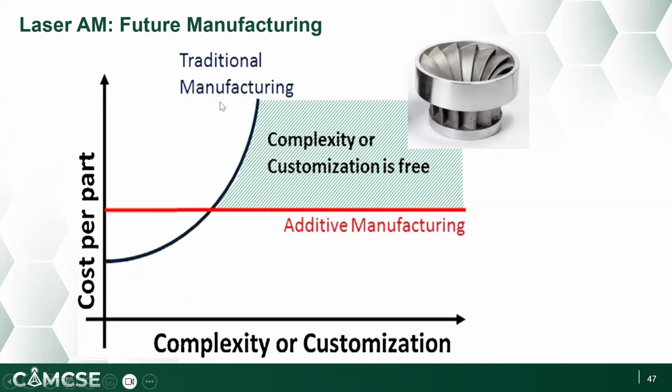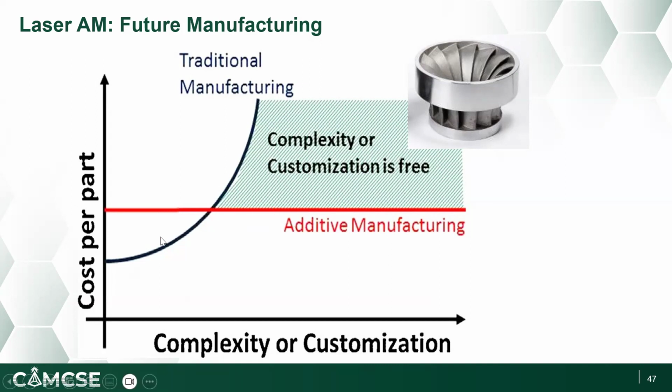In this case, the manufacturing cost can be very high, whereas for the additive manufacturing process, the cost to build a square bulk component versus a turbine blade is almost the same, right? So for additive manufacturing, the red curve, the cost per part almost stays constant with increasing complexity or customization of your part.